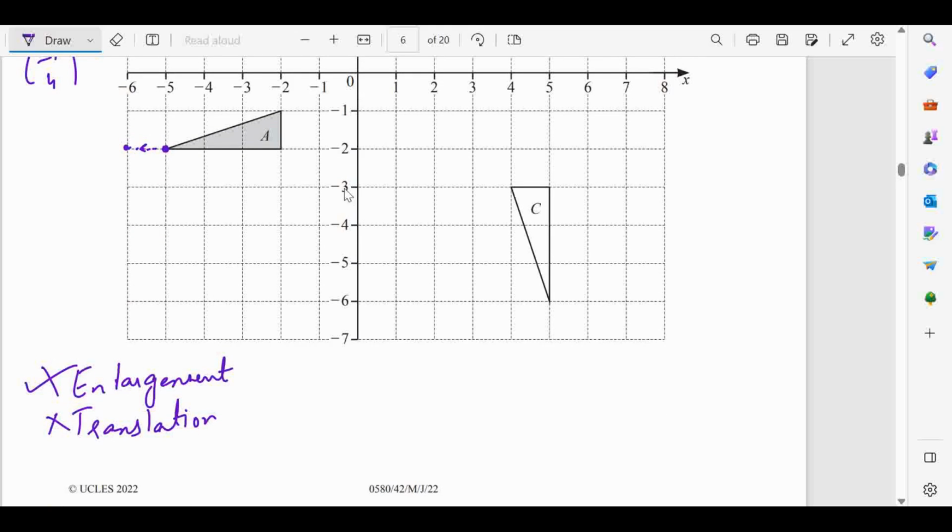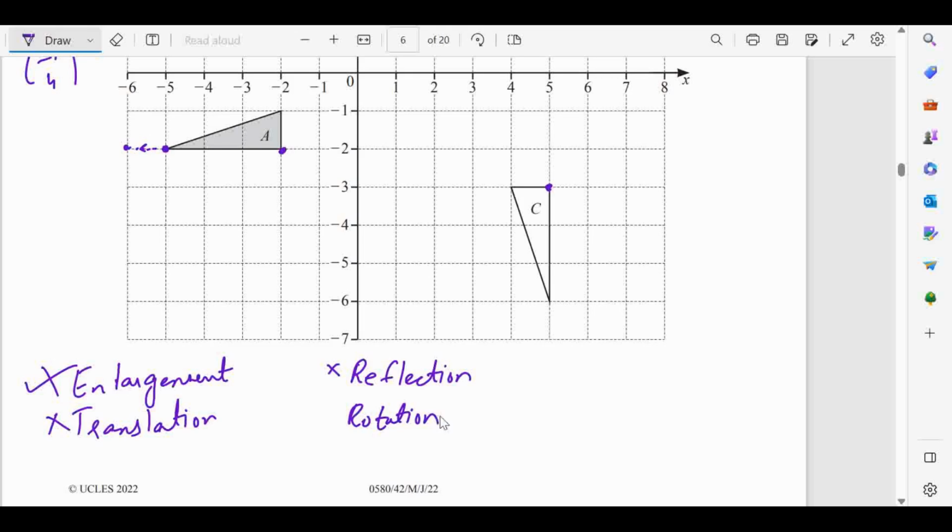Now the third one is, let's check whether it is the reflection or not. Now for reflection we need to find out the midpoint of each corresponding point. So from here we can see that it is not the reflection. Now the last one is rotation.